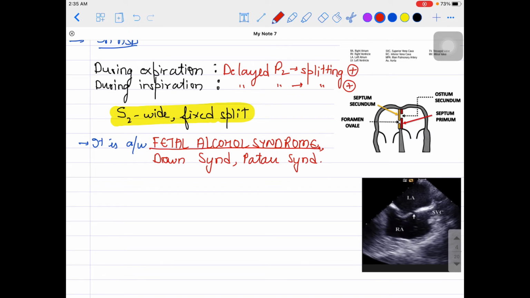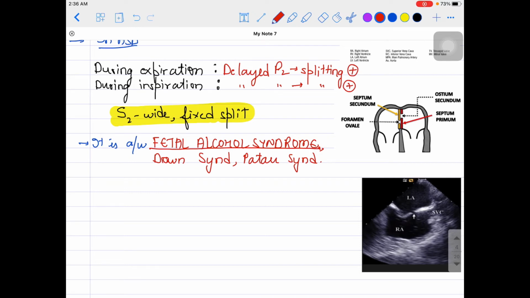In some patients, delayed closing of this particular septal defect can be there. In some patients it is asymptomatic also. So this kind of presentation can be there. Even in the adult age group you can find ASD, right?